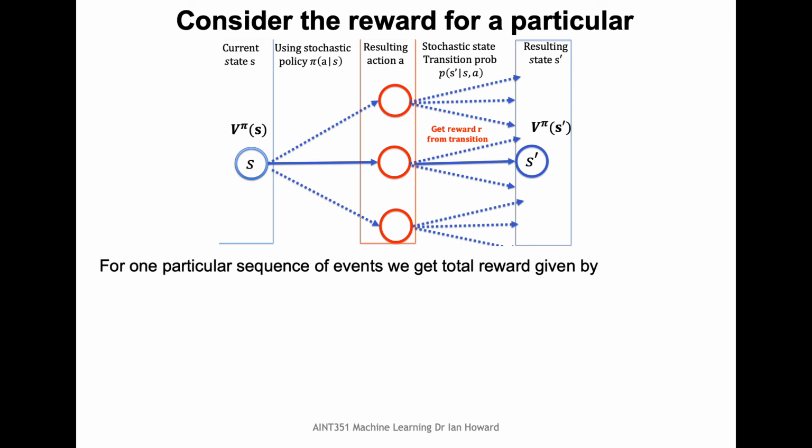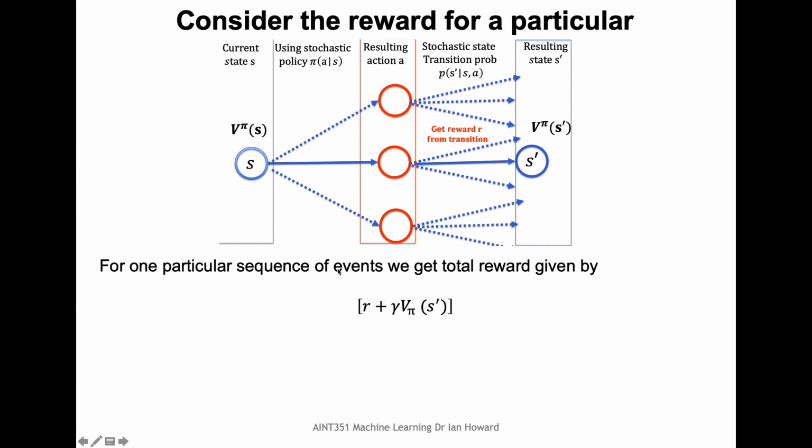For one particular sequence then, we get a total reward given by the R from the immediate transition, and also this future reward term, which is discounted. The R comes from the immediate transition from S to S prime, and the future reward term arises because we want to take advantage of the fact that we know the value of the state we end up in, and we discount that value by this gamma term.